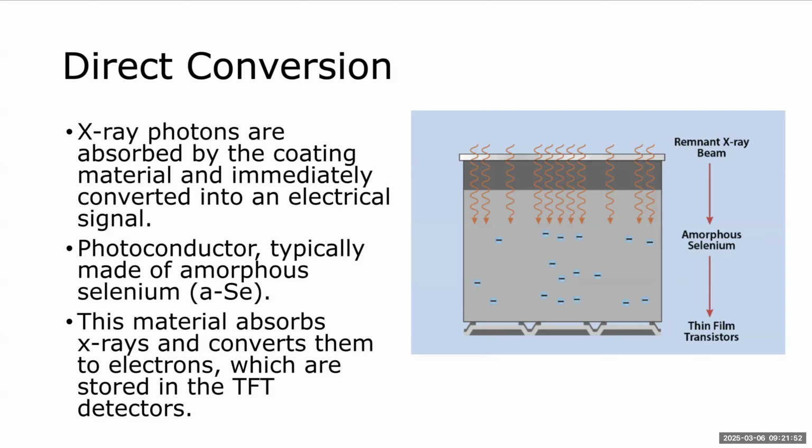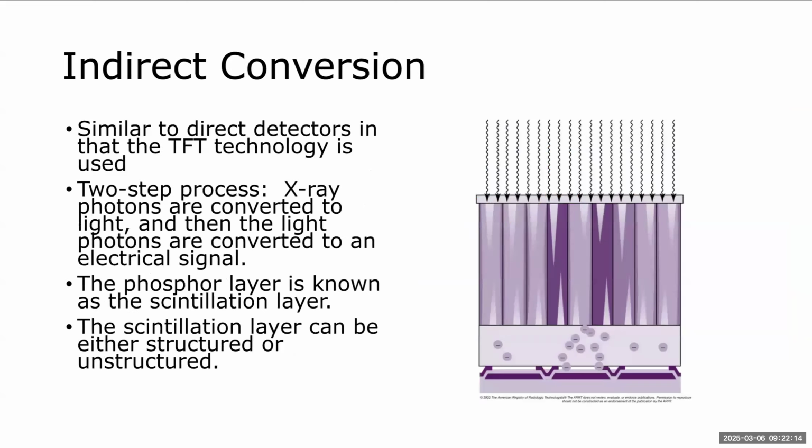The photons interact with this, in this case generally amorphous selenium. That's the photoconductor, and it converts them directly into electrons. So you go from photons interacting with this photoconductor into signal. There is no light step, no light given off in a direct conversion type of TFT.